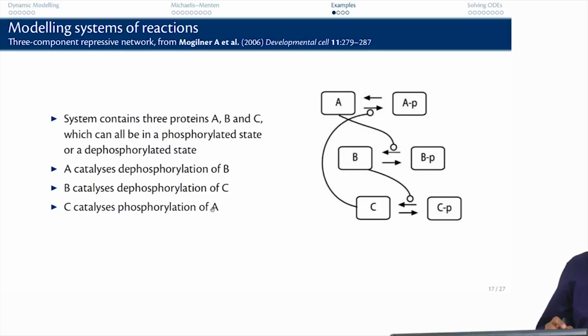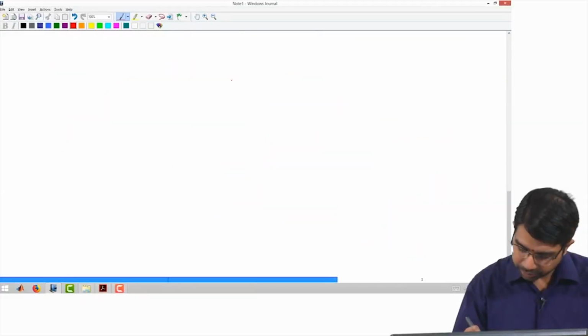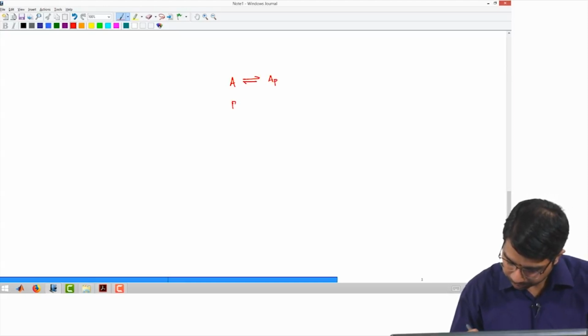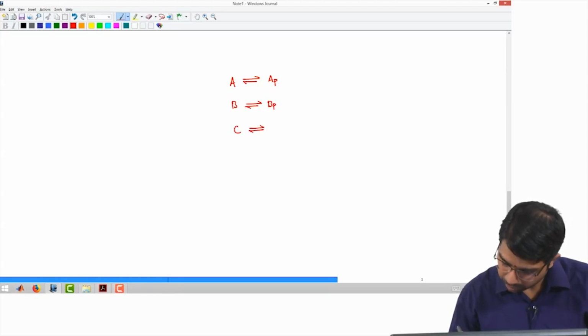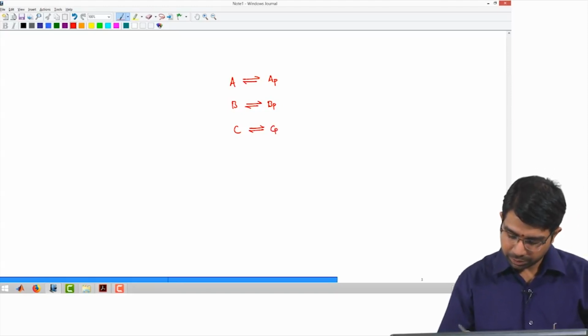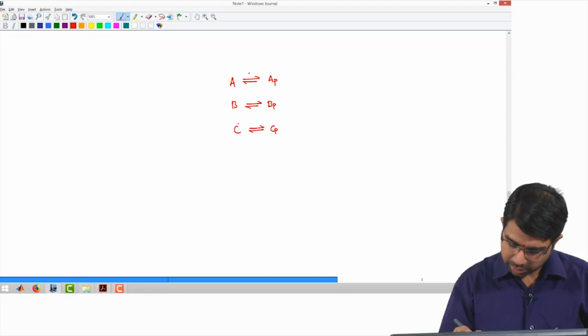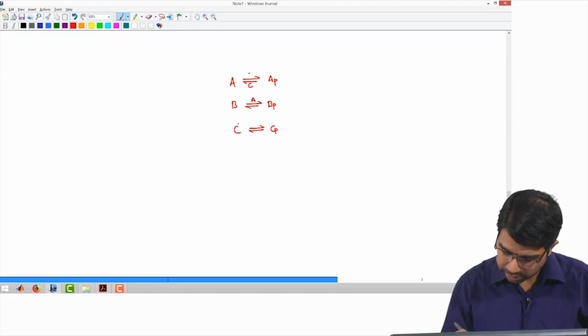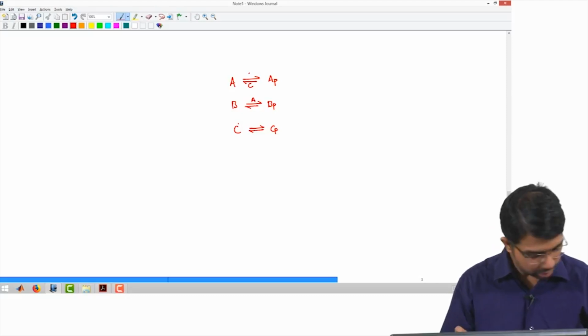So, let us try to write out these equations. So, this is C, this is A, is that right?